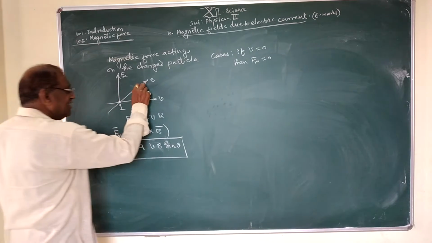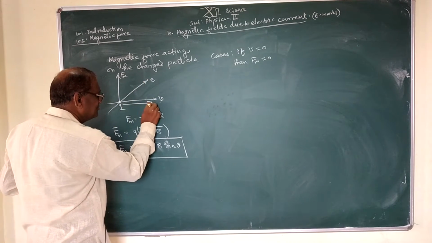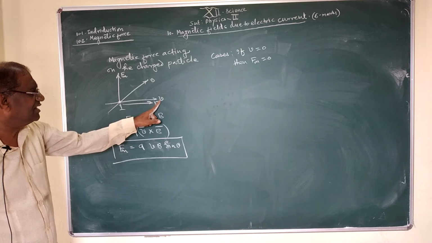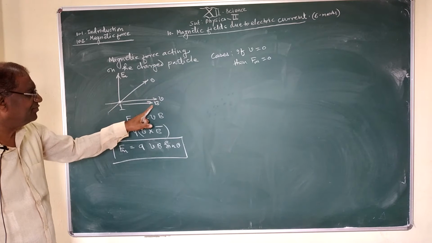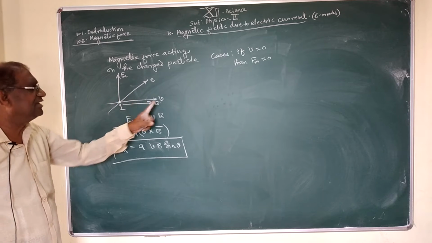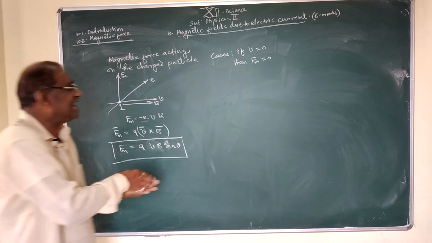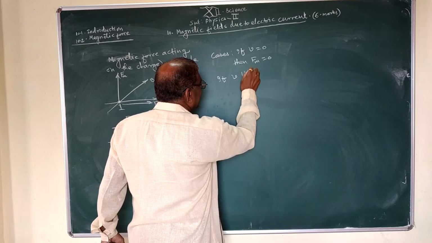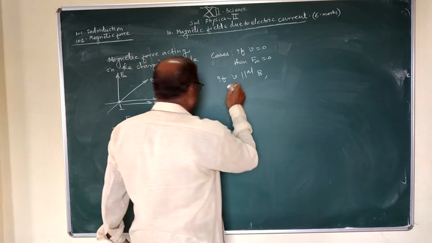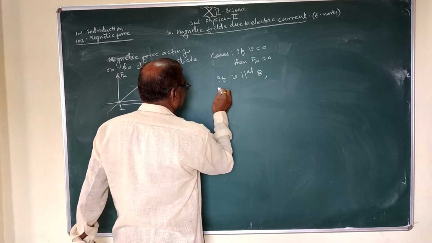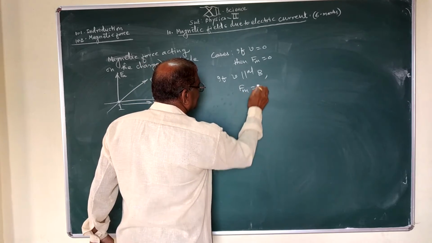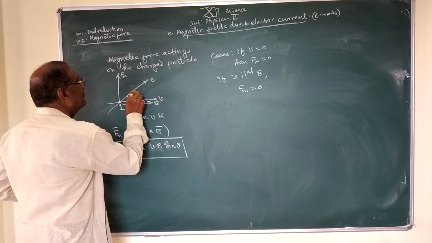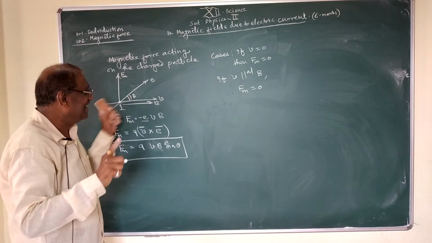If the velocity of the charged particle is exactly parallel to the direction of B, that is, if the charged particle moves with velocity V through a magnetic field of induction B exactly parallel to the direction of B, then the force acting on the charged particle is again Fm is equal to 0, because V is parallel to the direction of B, meaning theta is equal to 0 or 180.